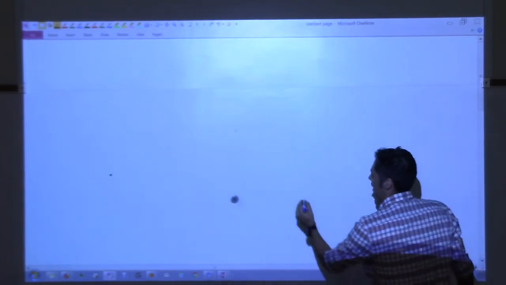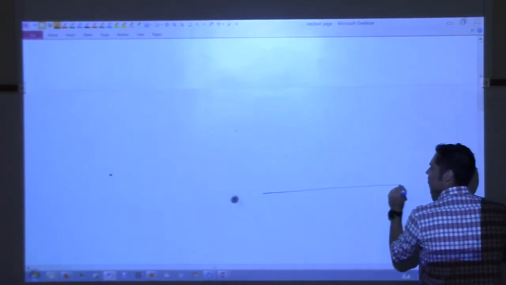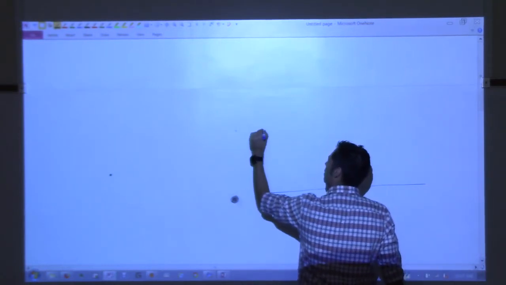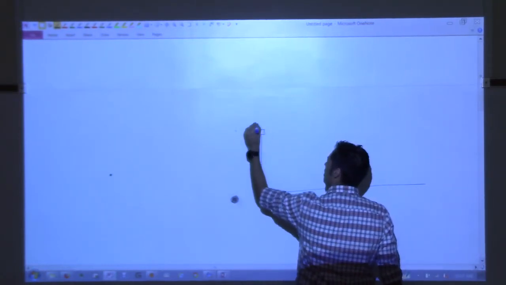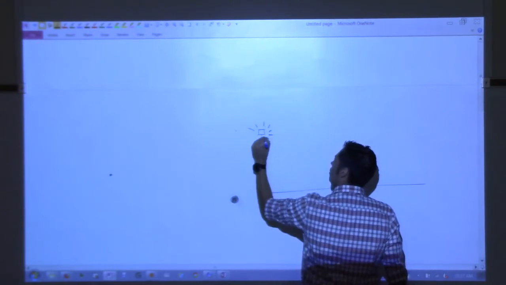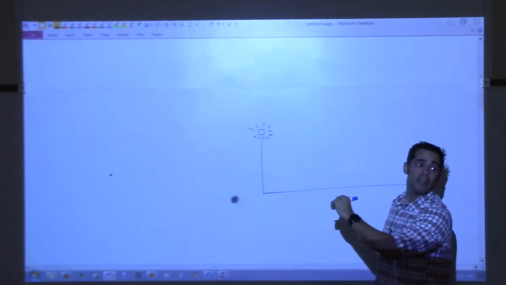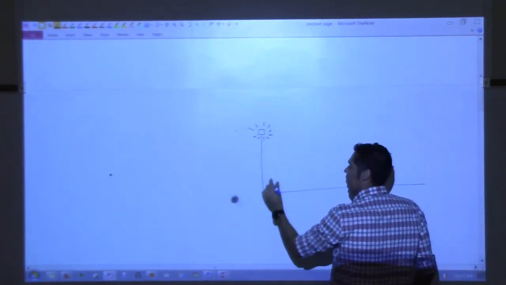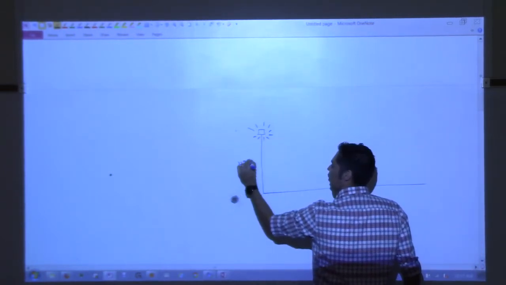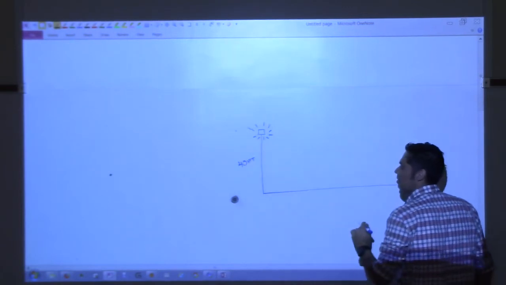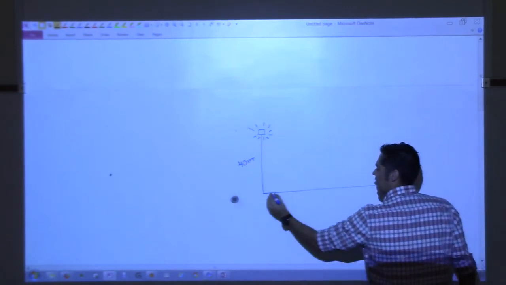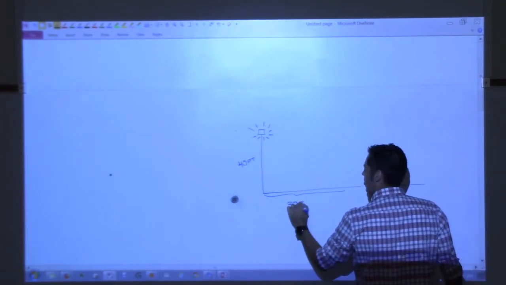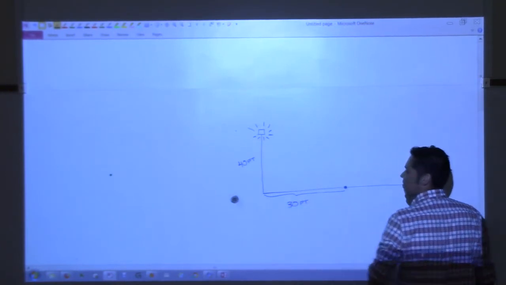Let's say that we have the ground. And let's say that we have over here a light. Let's say this light is shining, okay? And let's say this is a 40-foot pole. You got this light here. And let's say that 30 feet away, you have a point on the ground.